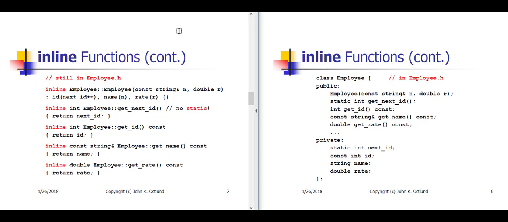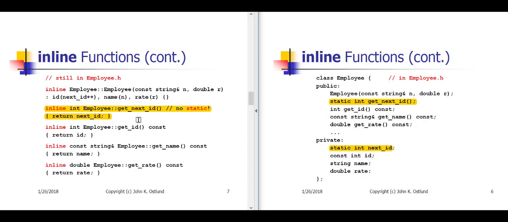One little picky detail to notice here is that nextID is a static data member. getNextID is a static member function that simply returns the value of the nextID static data member. Here on slide 7 we are defining that getNextID static member function as inline.